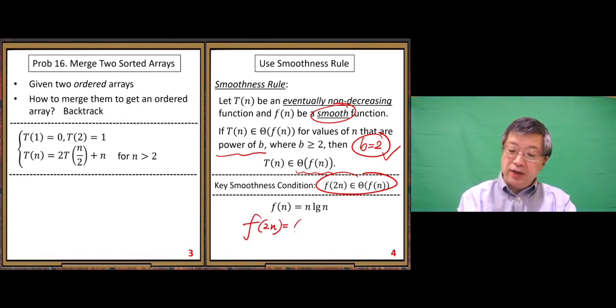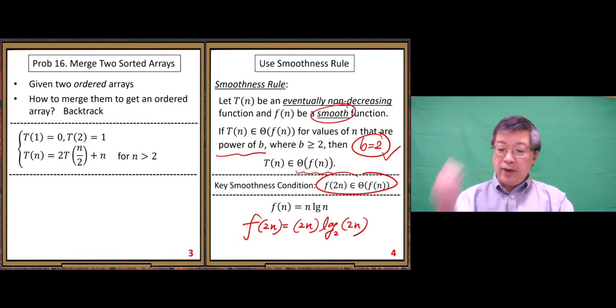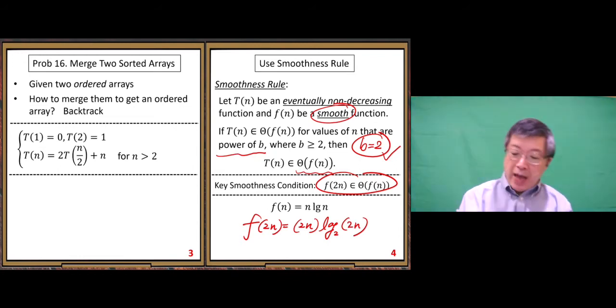So let's look at f of 2n. What is that? 2n times log base 2 of 2n. Now we simplify a little bit. Still 2n, but that one we can write as log base 2 of n plus 1, right?